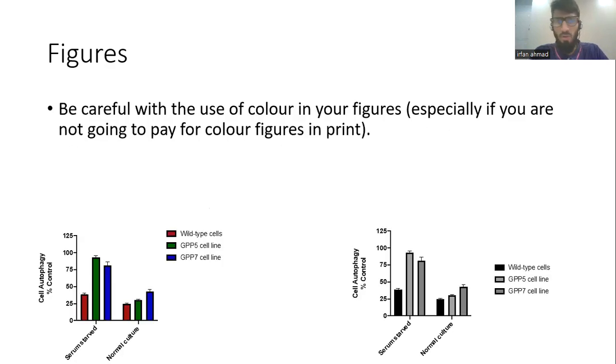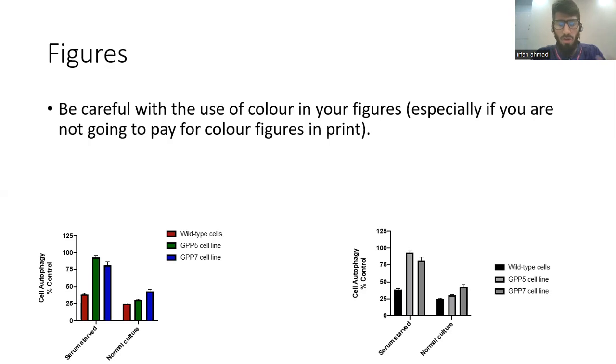Okay, figures. Be careful with the use of color in your figures, especially if you're not paying for color printing, because for color printing the journal will ask for extra money. If you don't want to pay, then don't use color when writing a manuscript.